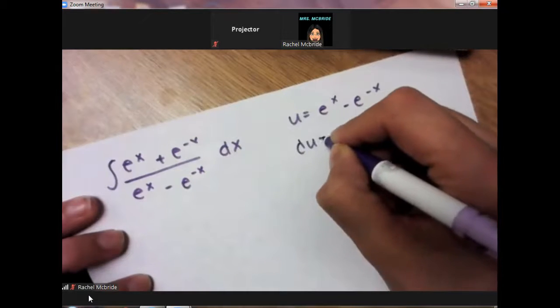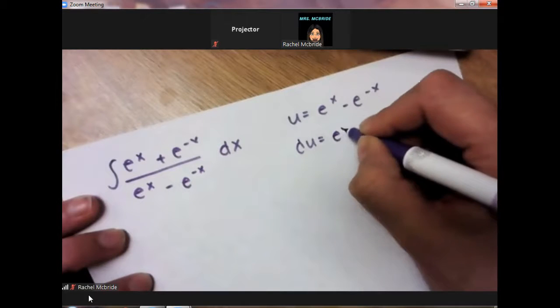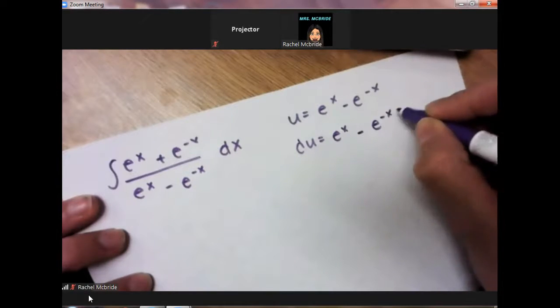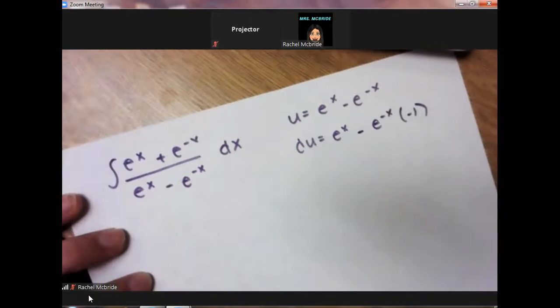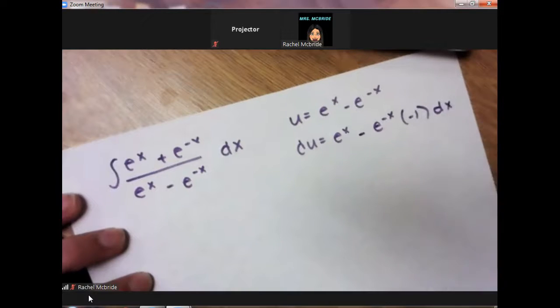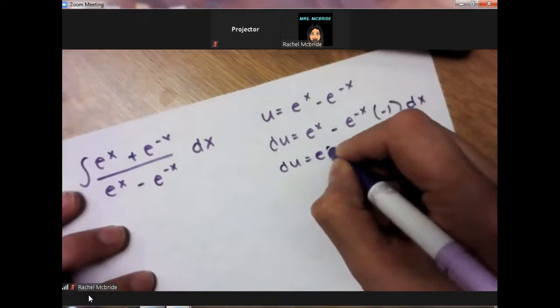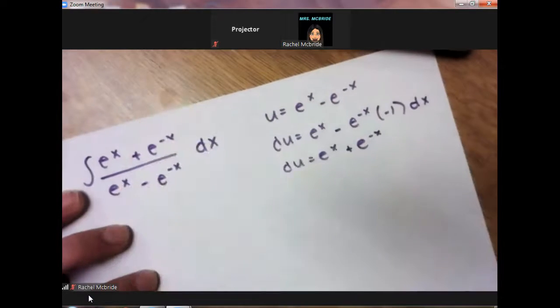The derivative of that: the derivative of e to the x is e to the x, minus the derivative of e to the negative x, which is e to the negative x times negative 1. A negative times a negative gives a positive, and there's my dx. So du equals e to the x plus e to the negative x, which is my numerator.